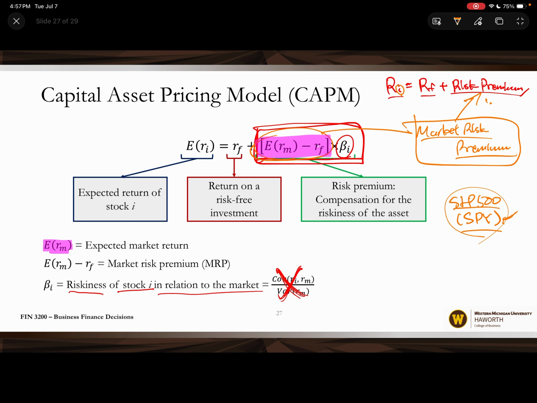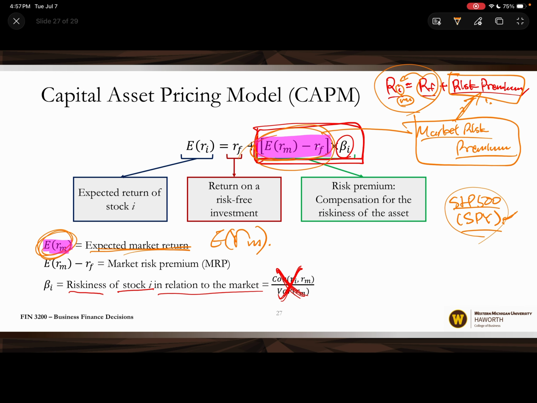So i gets replaced by M, basically. If we subtract Rf on both sides, the risk premium on the market is Rm minus Rf. That's the market risk premium, and this is the expected return on the market.